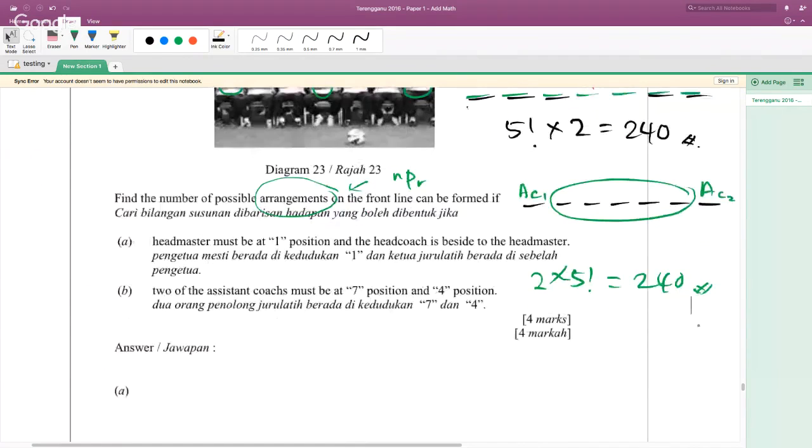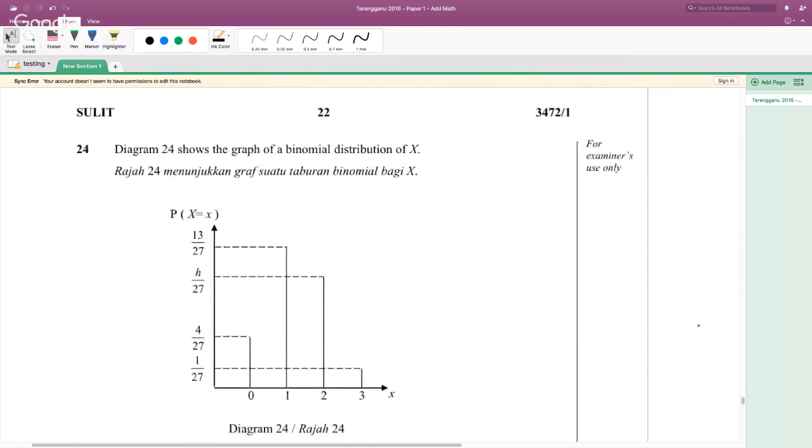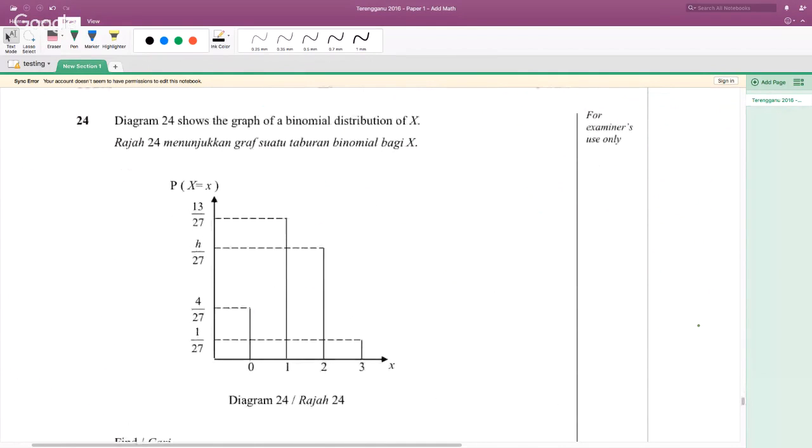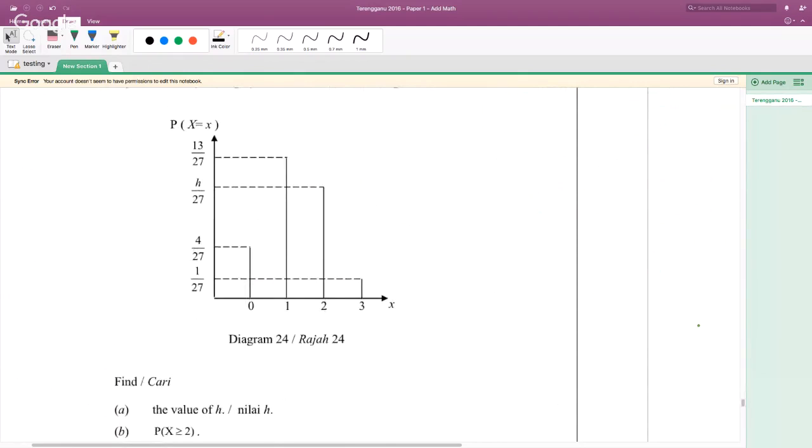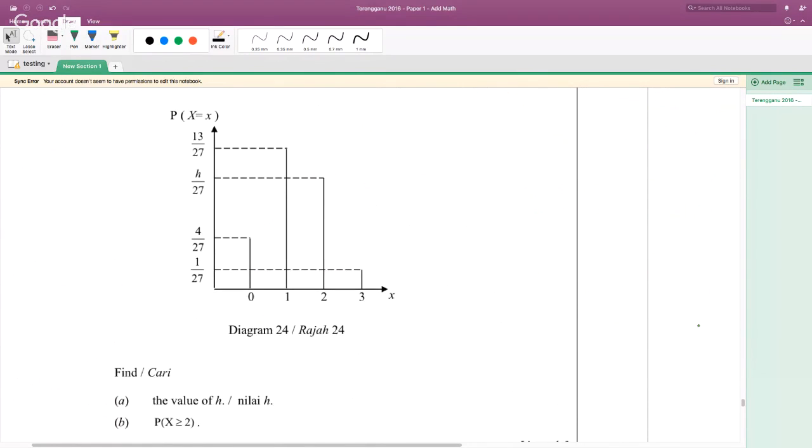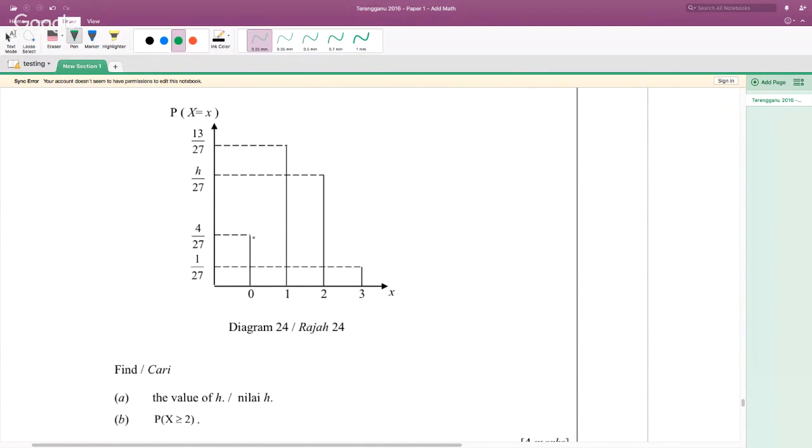Okay, let's move on to 24. This kind of question is my favorite because it's super easy. It's sort of a bonus mark. All the probabilities added together must equal 1, so I add them together to get my h.